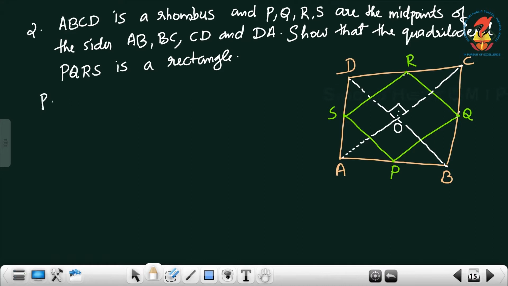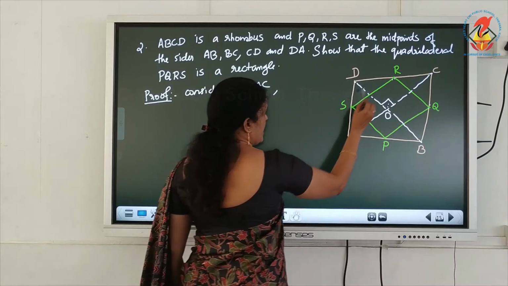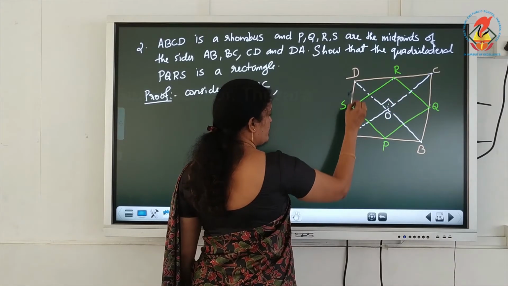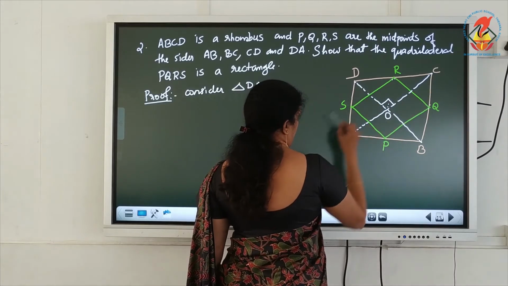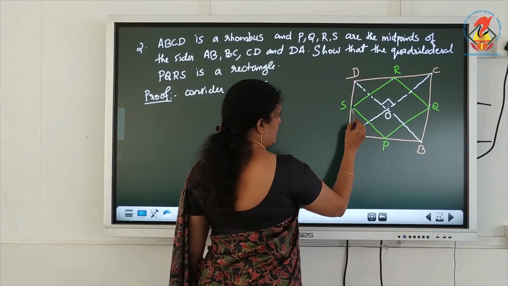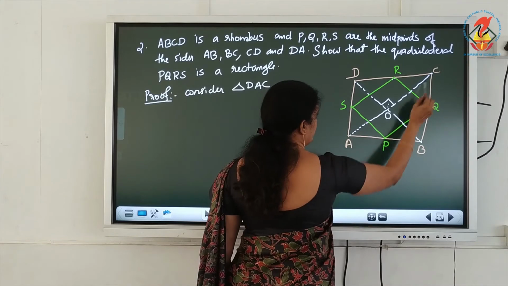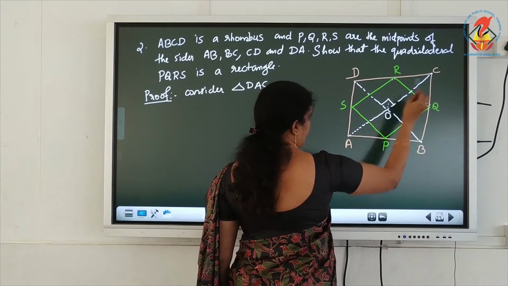Consider triangle DAC. Here S and R are the midpoints of AD and DC. Then by the midpoint theorem, SR is parallel to AC, SR equal to half AC.